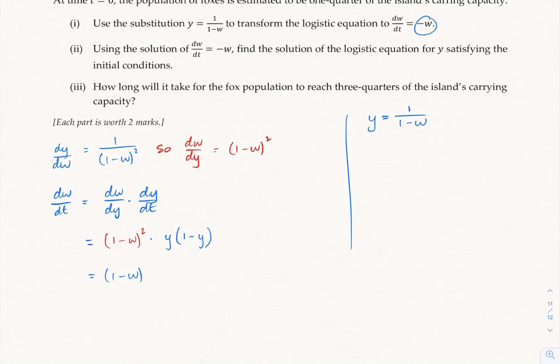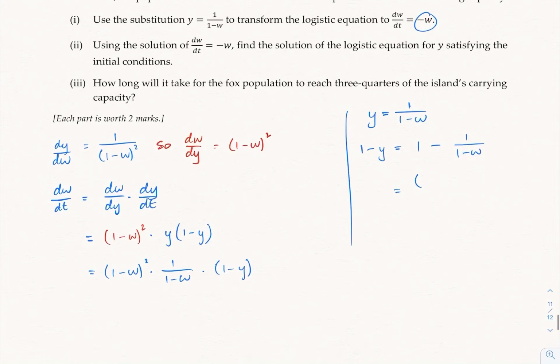So (1 minus w) squared times y, well that's 1 over (1 minus w), and then we've got this 1 minus y here. So let's look at what 1 minus y is. So 1 minus y is 1 minus 1 over (1 minus w), okay, there we go.